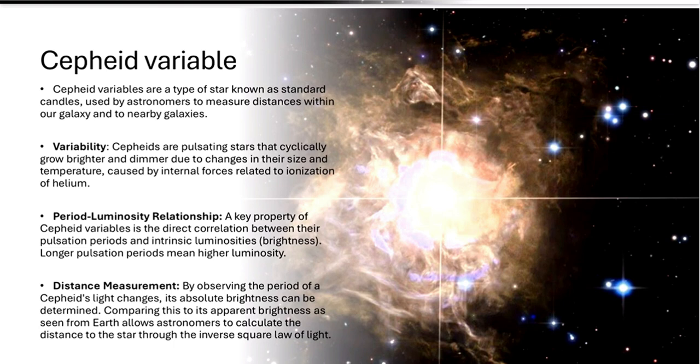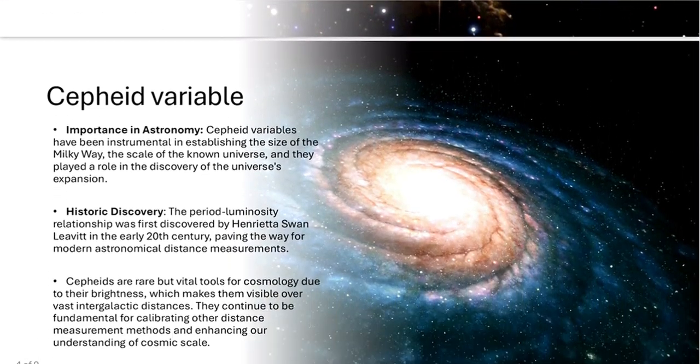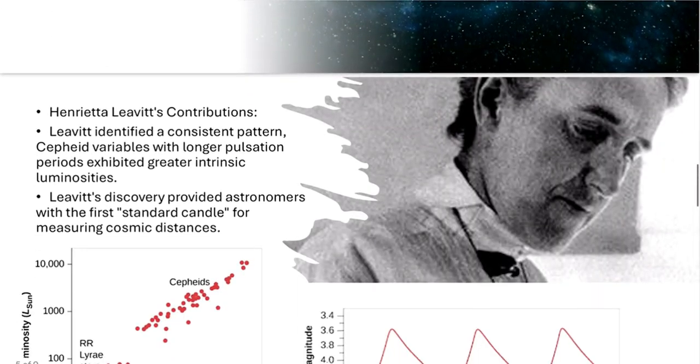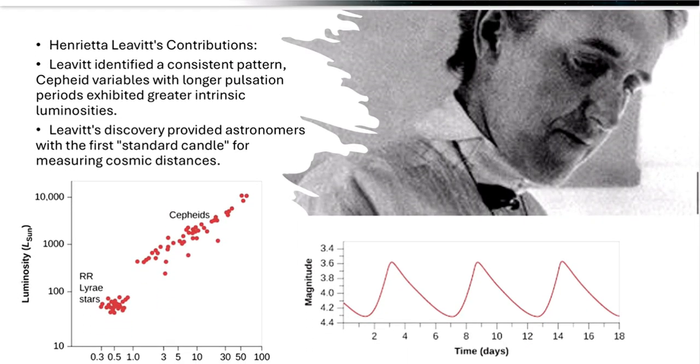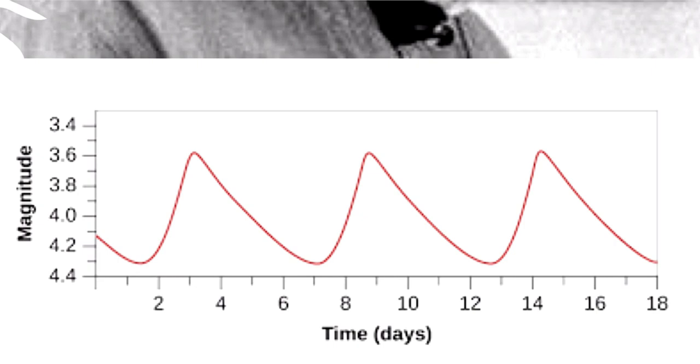This period was actually related to the luminosity of this star, and it was found at the beginning of the last century that the scientist Henrietta Leavitt found that a Cepheid variable is a star that is having its brightness changing in a periodic manner.